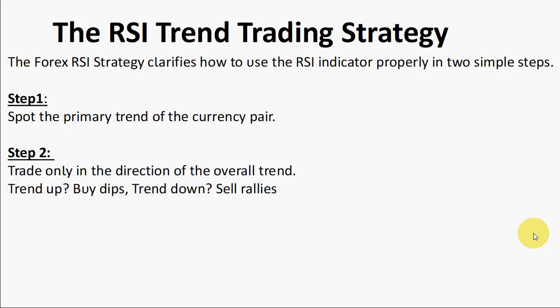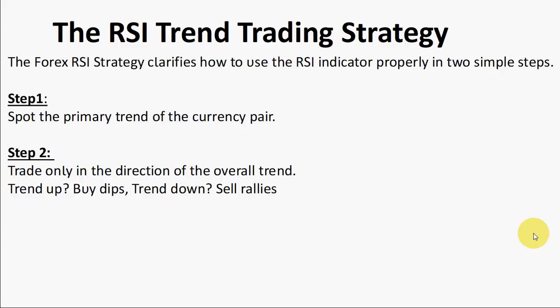Okay, so guys, let's talk about the RSI trend trading strategy. It's a very simple strategy, it has only two steps. Step number one is to spot the trend of the currency pair.